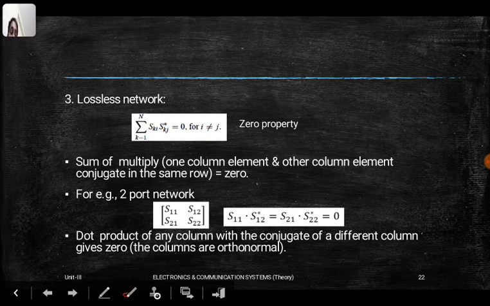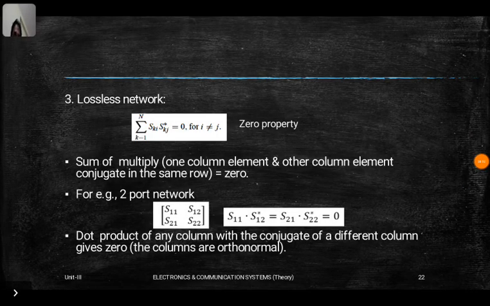For practical problems, in a two-port network, if you take the first column and the conjugate of the second column, multiply and add, it has to come to 0. The same holds for the second row. In general, we can find out whether a device is lossy or lossless using either the zero property or the unitary property, but it is easier using the unitary property.